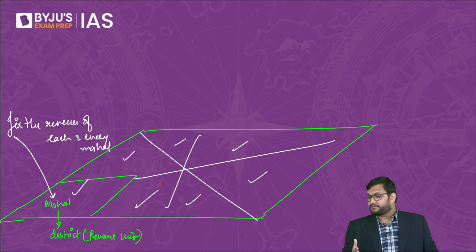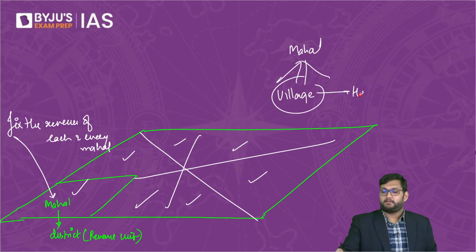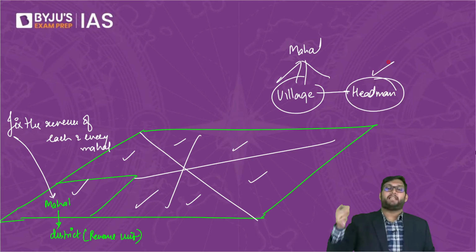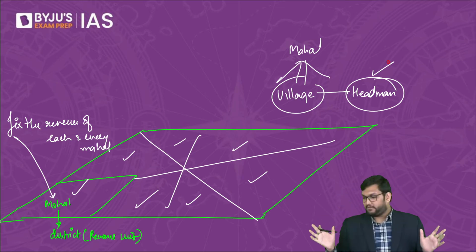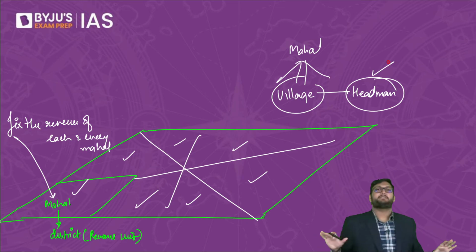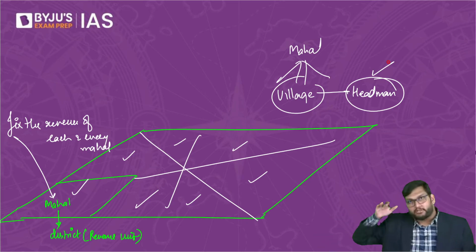Basic point is, a mahal could include multiple villages, and every village has a headman. Every headman now has the task to collect the revenue from the village and give it to the mahal. We give it to the British at the mahal level. Simple point is, the British removed the headache of going to the grassroots level.